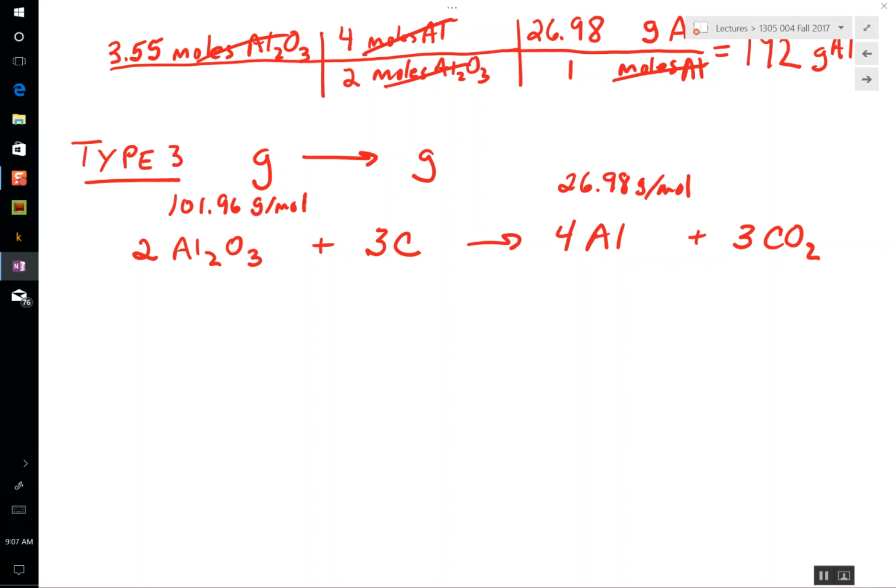Okay, now let me trip this up a little bit, because if we were at Alcoa, if you're in marketing or you're the CEO of Alcoa, you don't tell manufacturing how much aluminum oxide to react this month. You tell them how much aluminum you want. Okay? You tell manufacturing, here's how much aluminum we're going to sell next month. This is how much I want you to make.